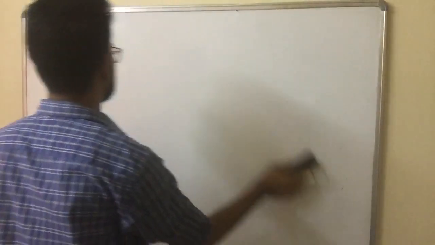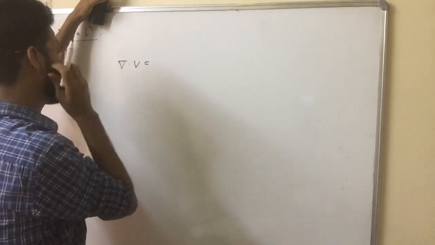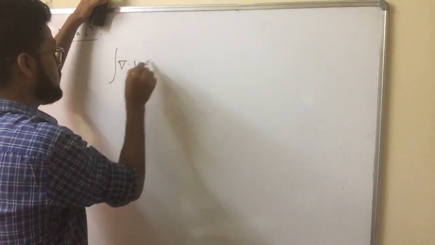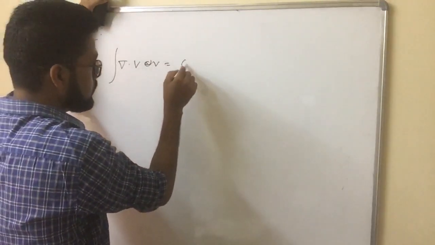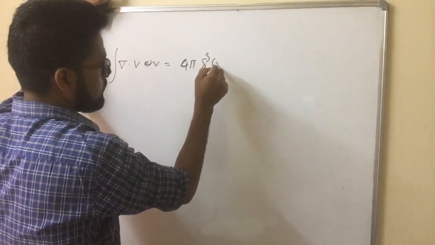So in order to avoid this confusion, they said that the divergence of V, integrated over dV, equals 4 pi delta of r.